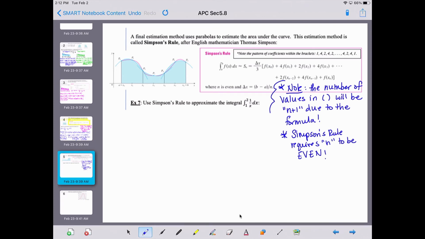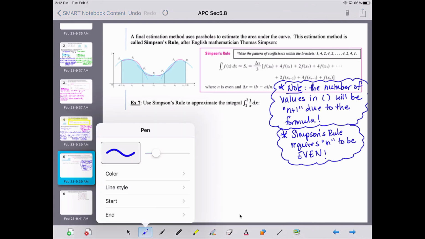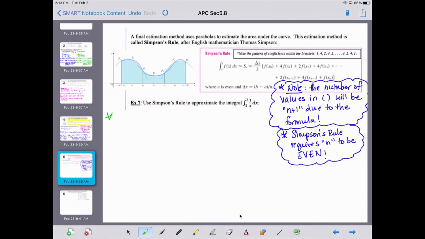So we've been approximating our area with 5 either rectangles or trapezoids. Well, we can't do 5 this time because Simpson's rule requires that we have an even number. So in this case, we're just going to do 4, okay? So let's use n equals 4, and this is because n must be even.